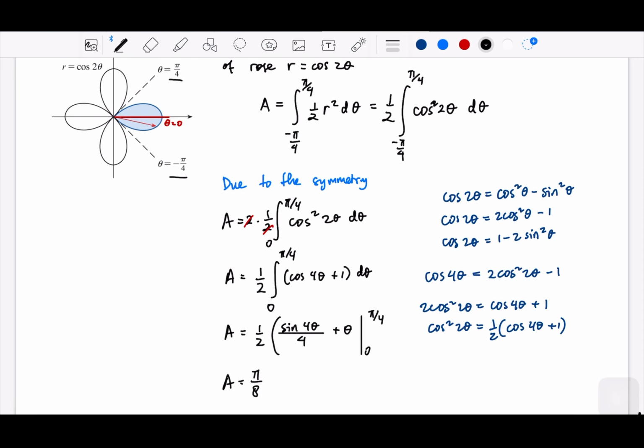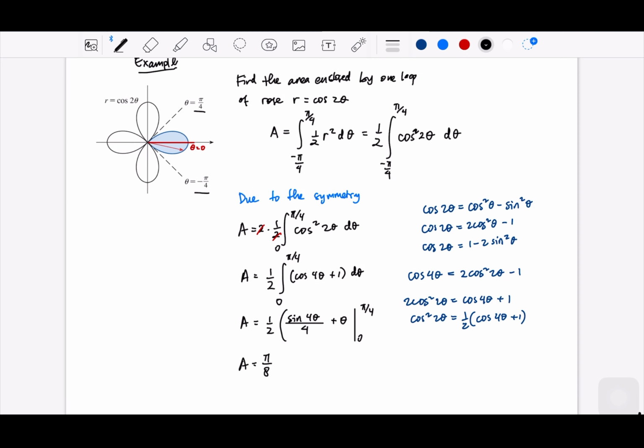Especially for the area of the polar region, we need more practice. Any questions on this example? You don't know what to ask?